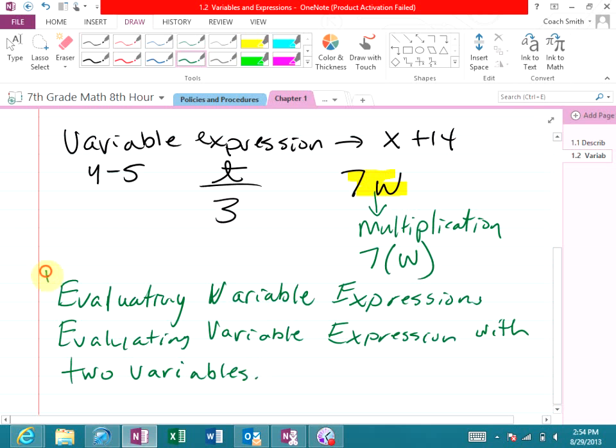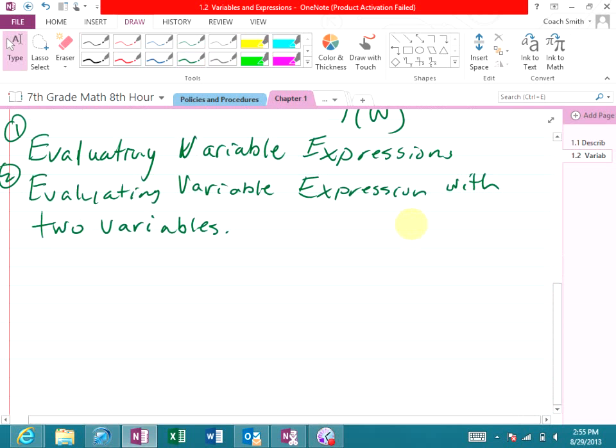Okay, so those are basically the two objectives today: evaluating variable expressions, which will have addition, subtraction, multiplication, or division in them, and then evaluating variable expressions with two variables in it. Okay, so let's look at some examples of the first one, evaluating variable expressions.